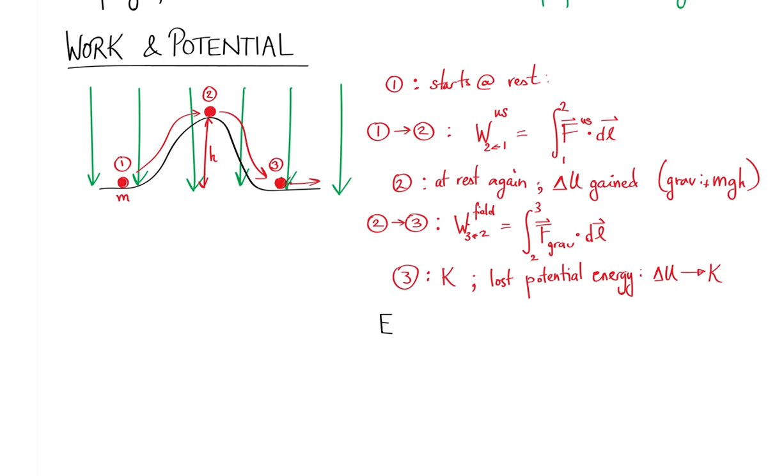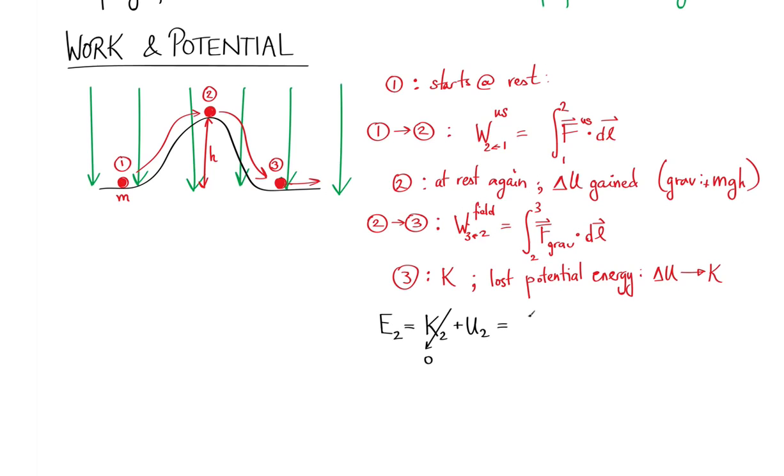So let's consider positions 2 and 3. The total energy E2 at position 2 is basically the sum of the kinetic energy plus the potential energy. This was 0.